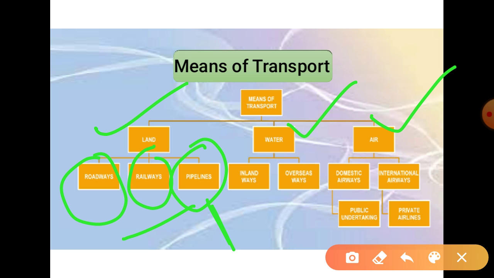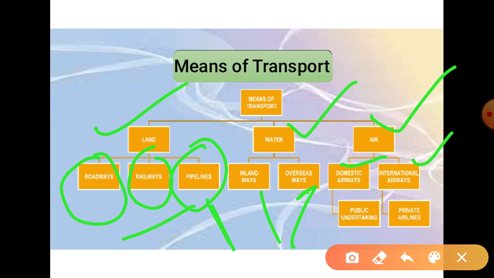Pipelines are a newly emerged mode of transportation of landways. Then waterways, two kinds: inland or overseas, which means international, within the different oceans. Then airways, two kinds: domestic airways within the country or international airways among different world countries.